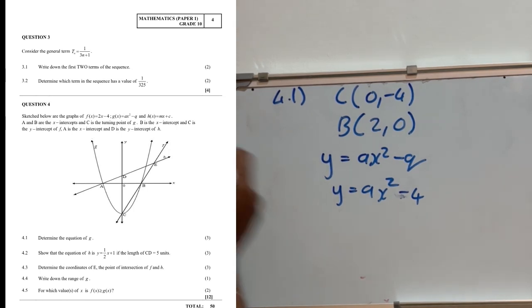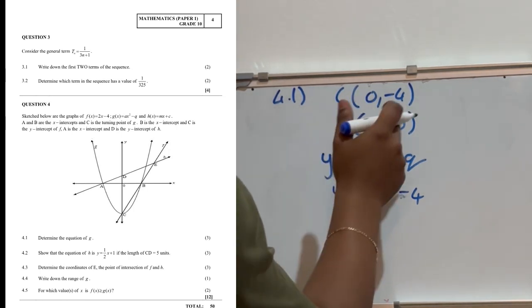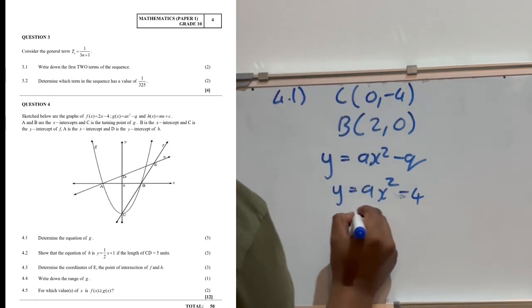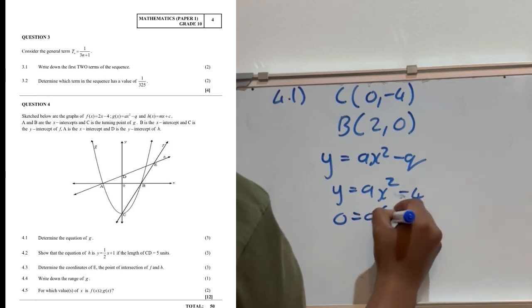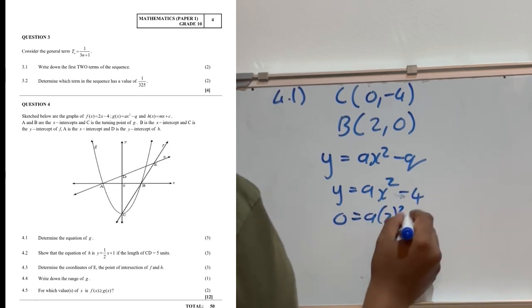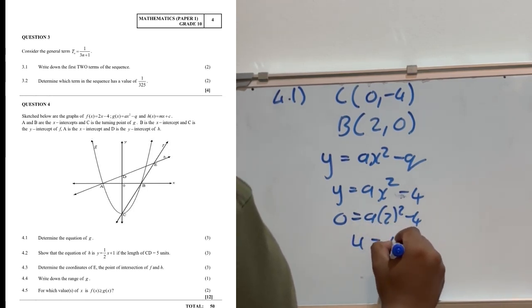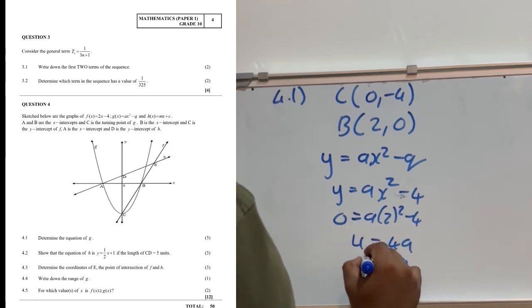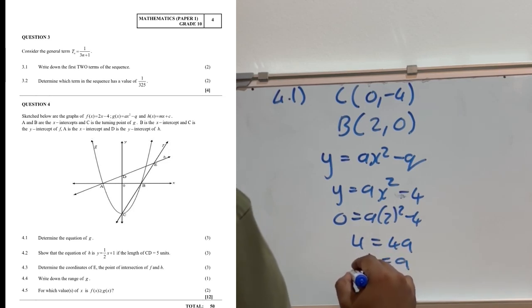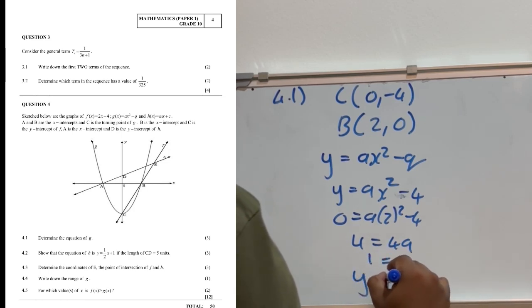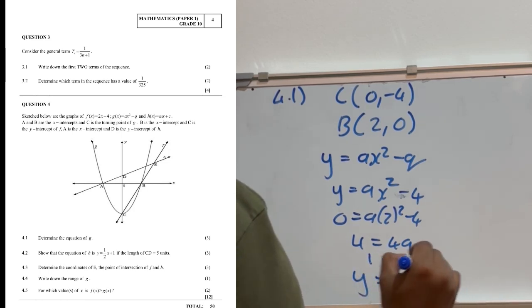Then we just need to substitute the point for B, so then that is 0 is equal to a times 2 squared minus 4, take the 4 over, so that is 4 equal to 4a, so a is just 1. So then your graph is just going to be y equal to x squared minus 4.